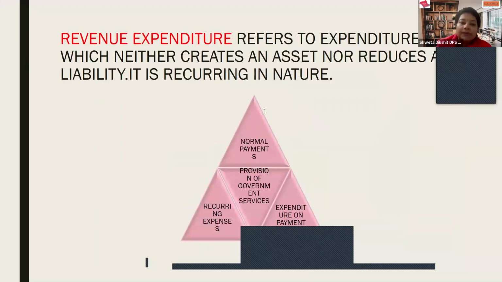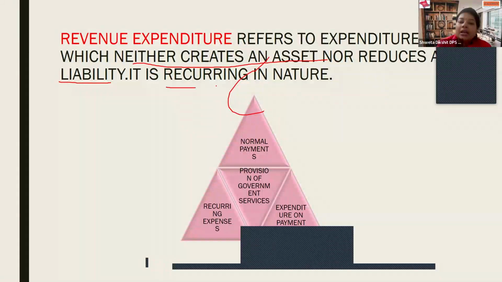Revenue expenditures refer to all those expenditures which are neither creating any assets, that means they are not going to help in any asset creation or construction, and they're also not going to reduce any liability, that means the repayment of a loan or the installment payment of loans taken.